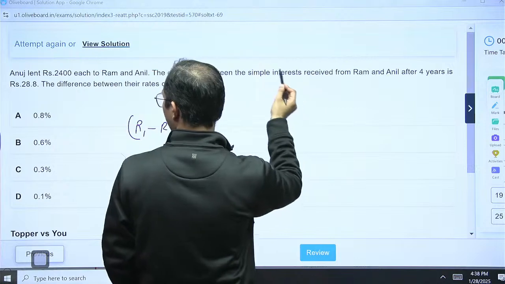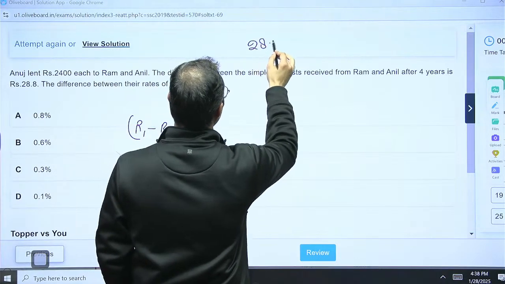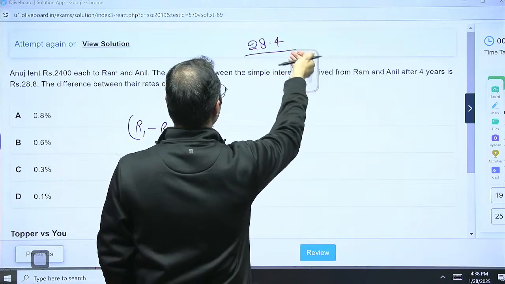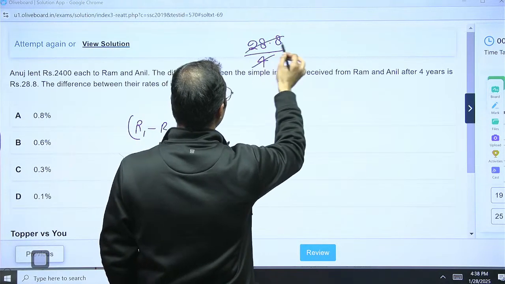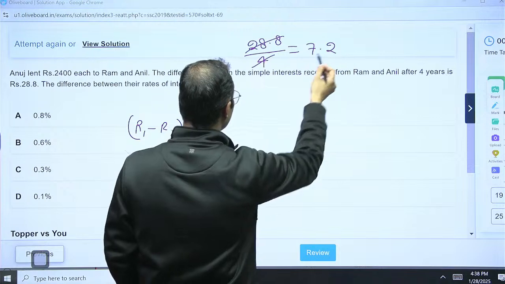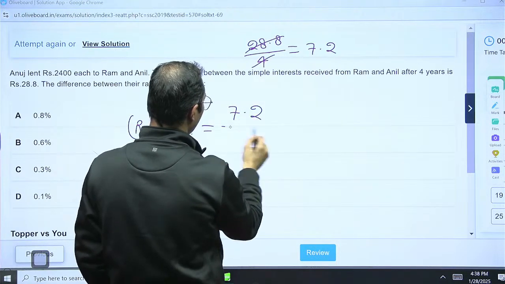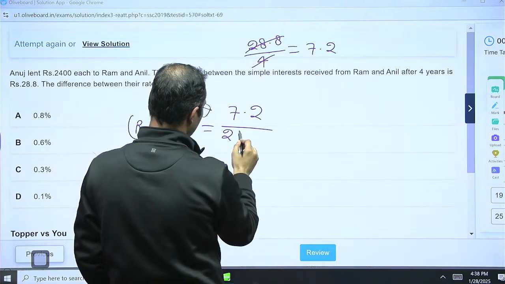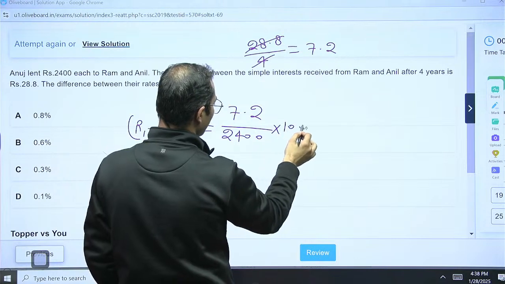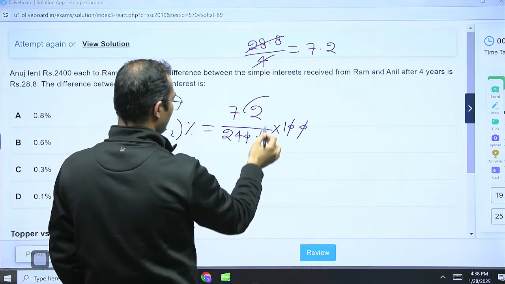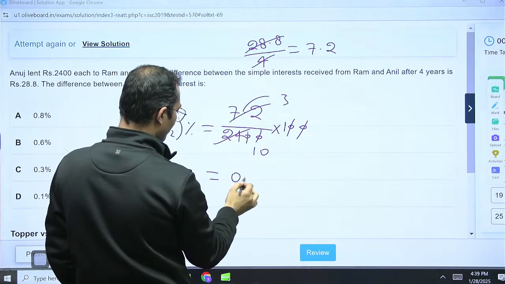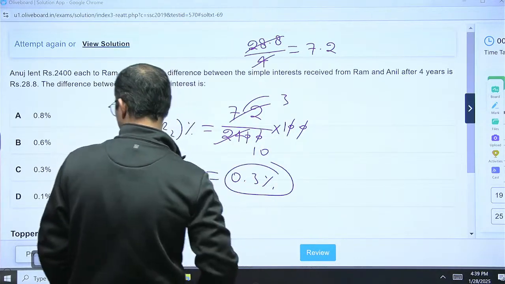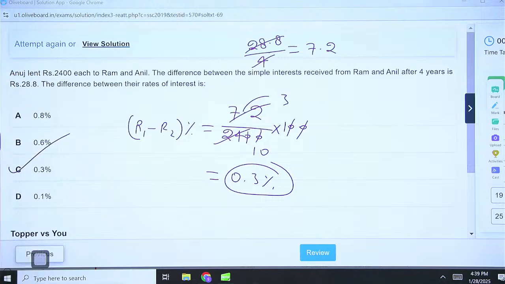So we can say that the total difference is 28.8 for 4 years. So what is the difference for 1 year? So divide by 4. So 4 7s are 28. So 7.2. See, 7.2 is earned in a year on rupees 2400, right? So just calculate the difference. 0 0 get cancelled by point, divide by 10. Okay, so this is 3 times. So I will get what? 0.3%. So 0.3% is the right answer. Okay, so C part is the right answer. C Chennai Express is the right answer.